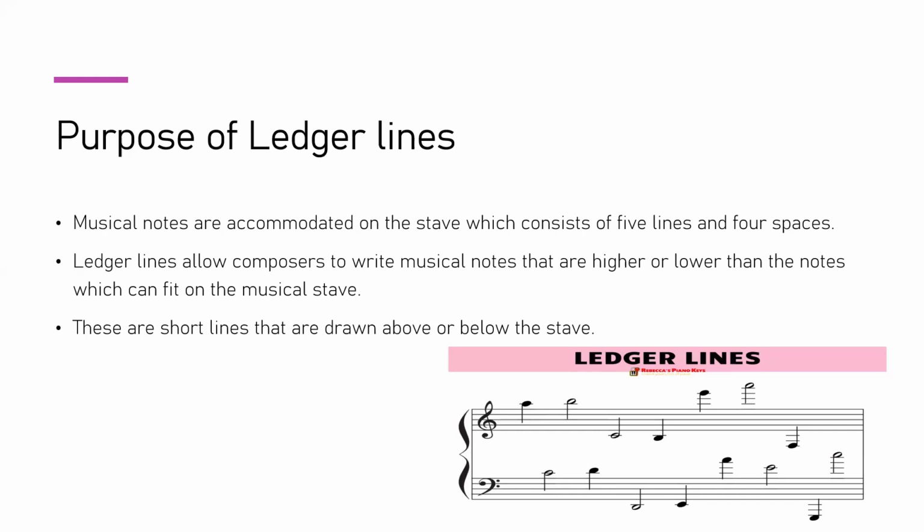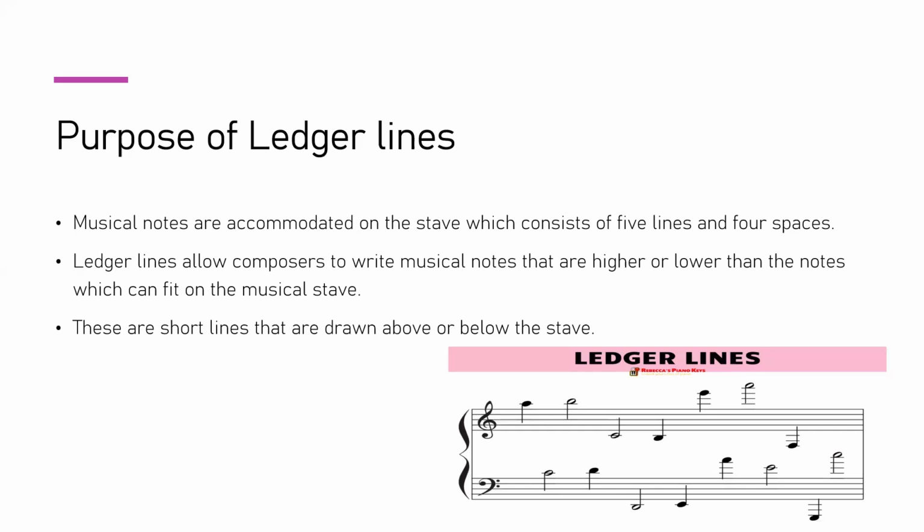And because of these multiple ledger lines above or below the stave, it's going to alter the way our musical notes are written, most especially notes that are stemmed. What do I mean by notes that are stemmed?